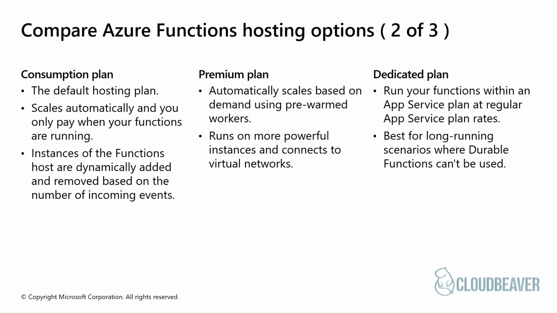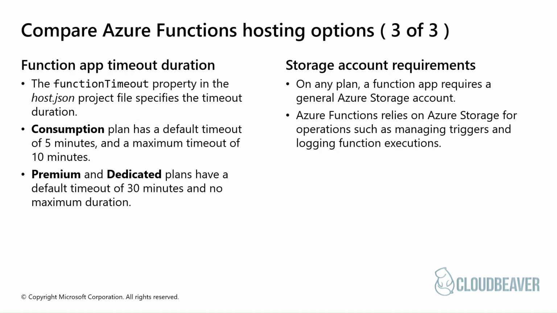With the premium plan, you get premium servers that are faster in deployment, can run powerful jobs for you, on top of integration with virtual network. And a dedicated plan is your App Service plan. Similar to App Service, you pay money for it. This is very suitable for scenarios where you want to run a function at a fixed cost per month, in a durable way, where one function can call some other function, which is called a durable function. In those scenarios, it's good to use a dedicated pricing tier.